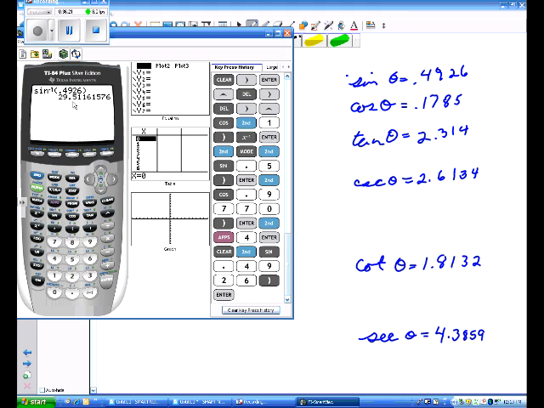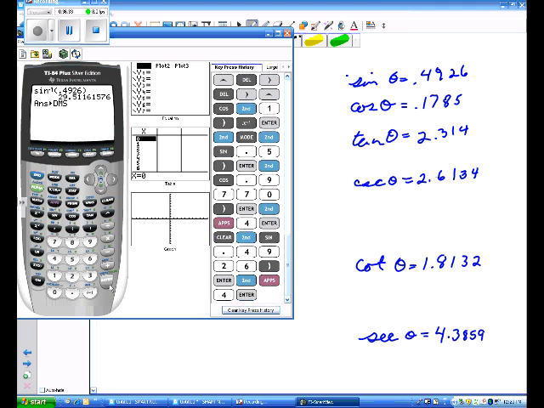And if we rounded this off to the nearest hundredth, 29 and 51 hundredths degrees, or we can change it to degrees, minutes, and seconds, depending on what your instructions are. 29 degrees, 30 minutes, 42 seconds. Or if we rounded it to the nearest minute, 29 degrees, 31 minutes. So you just look at what you want to round it to.